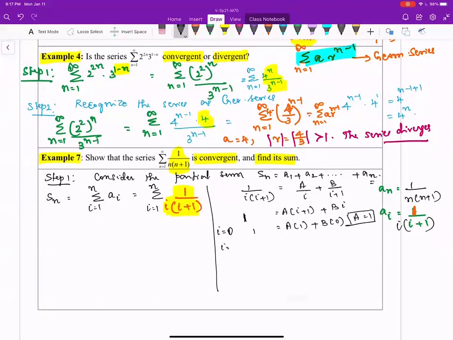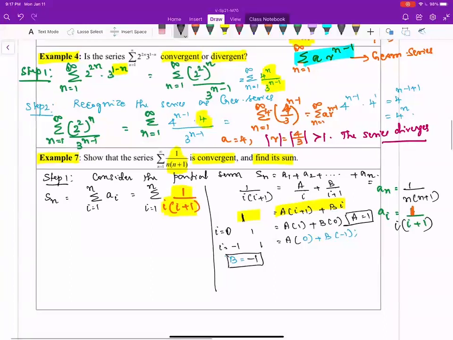Then you plug in i equal to, let's say, -1. Then 1 equals A times 0 plus B times -1, so you get B equal to -1.